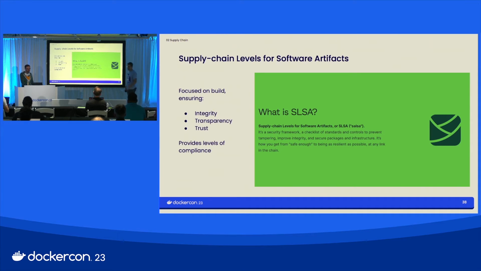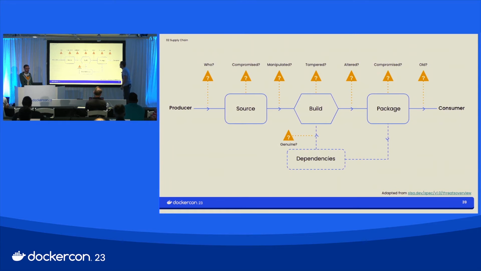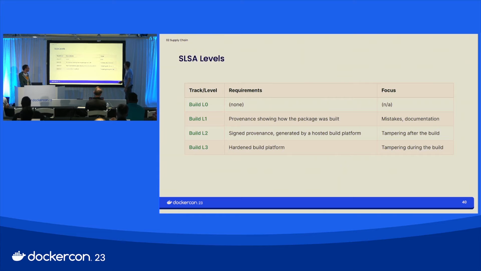But SLSA is basically focused on the build: how you're building things, what's going into the build, how it's built, and what's coming out of the build. And it's about the integrity of each of those pieces and transparently communicating that so that other people consuming the output of your build can trust what you've done. And it provides different levels of compliance.